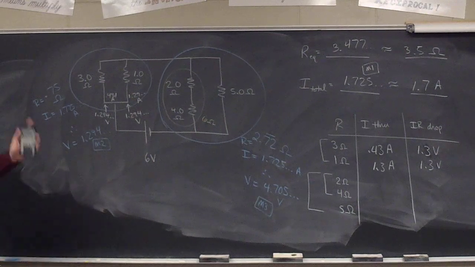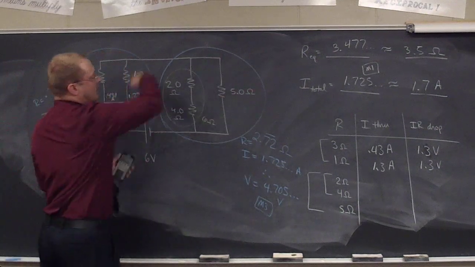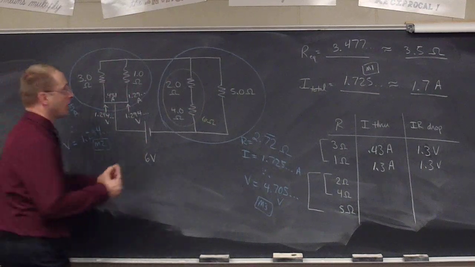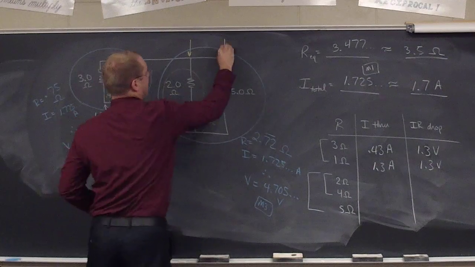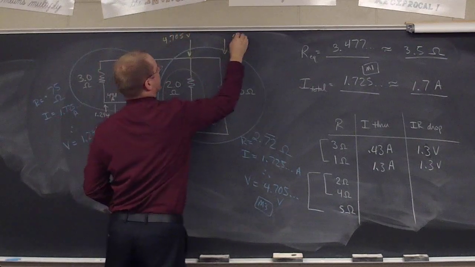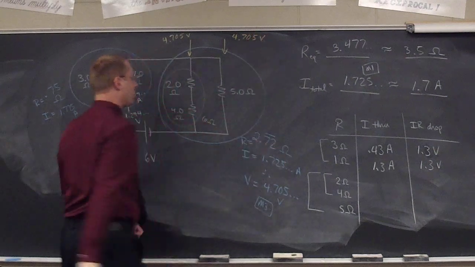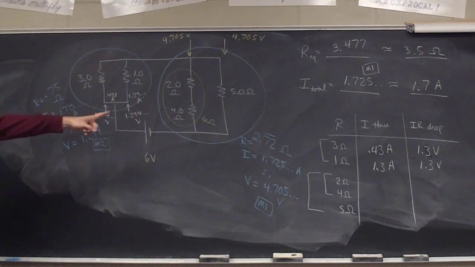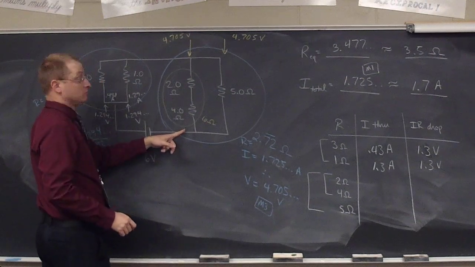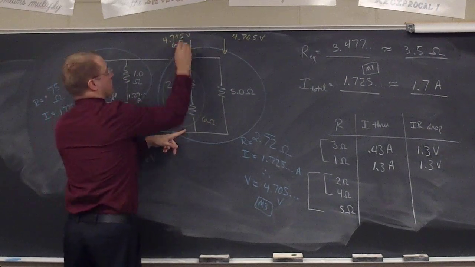All right, if that's the voltage of the whole thing, class, that's the voltage through each branch. This branch and this branch, each 4.705 volts. What else do I know about the first branch? 6 ohms.